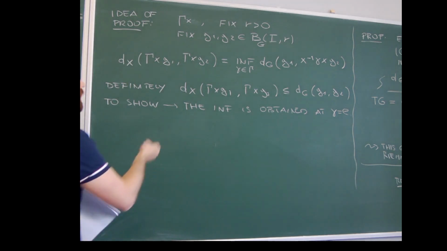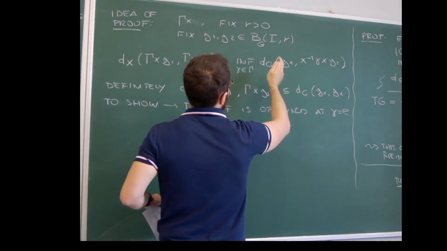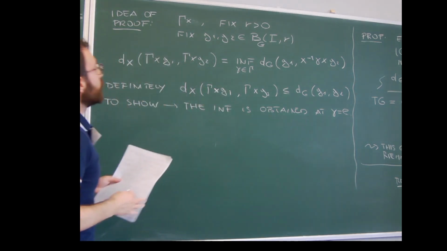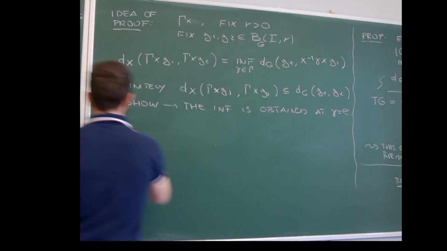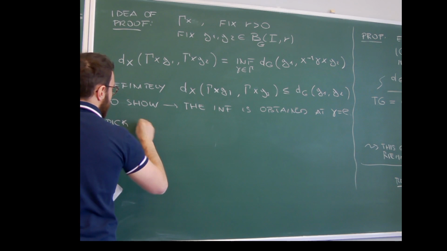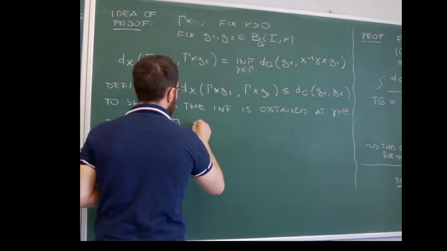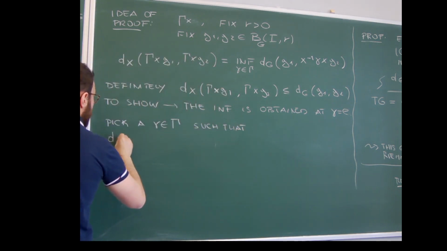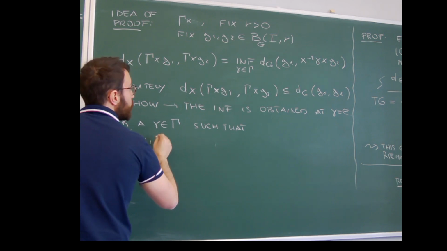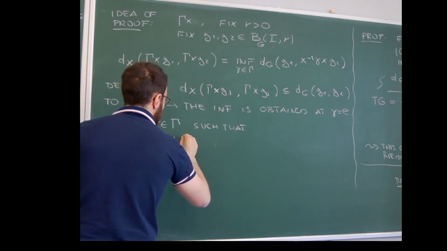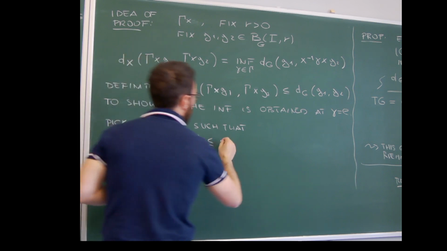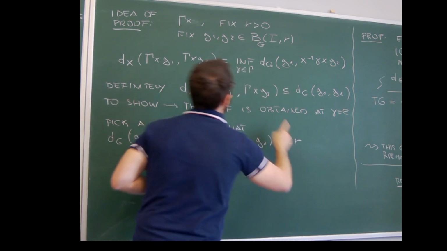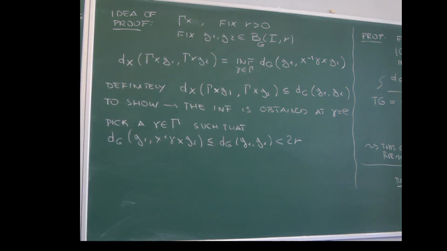And this is quite easy because, so you start from here. Pick a gamma in gamma such that this distance here, dg of g1 x to the minus 1 gamma x g2, is less than the distance between g1 and g2, which is less than 2r, because g1 and g2 lie in the ball of radius r.